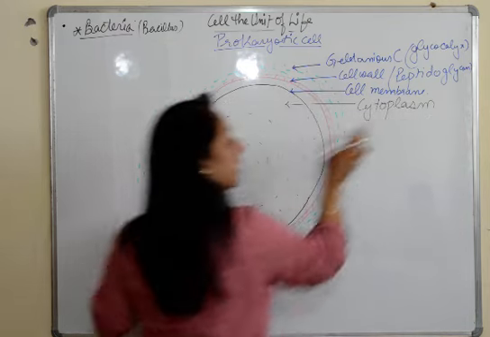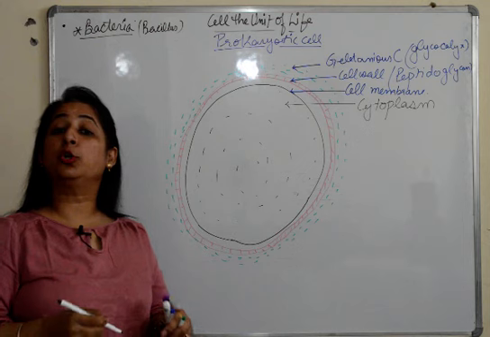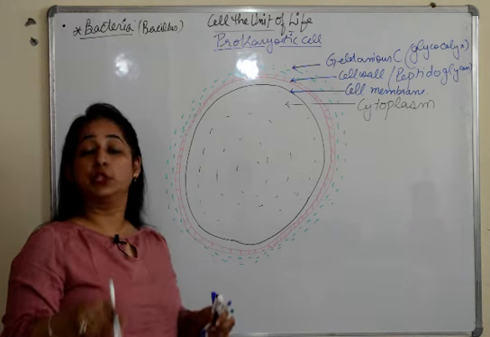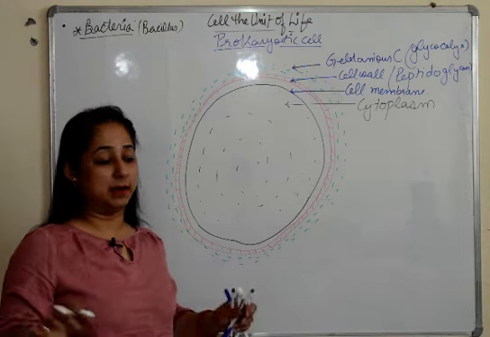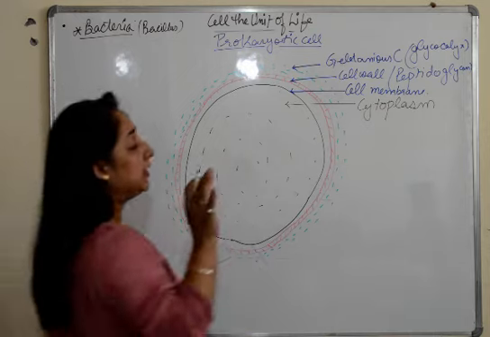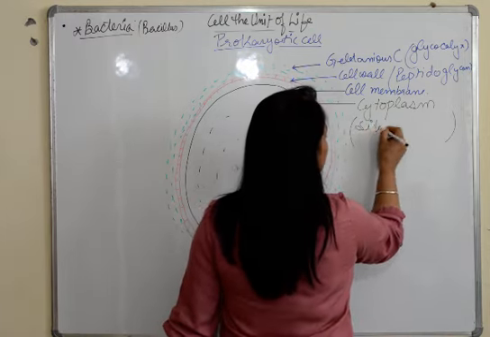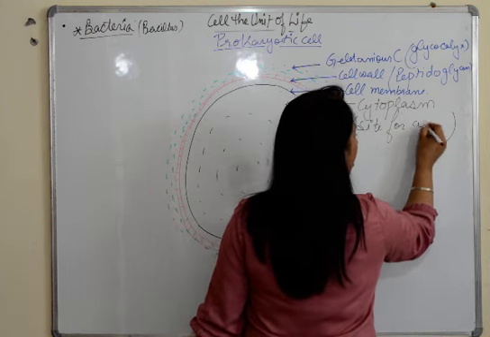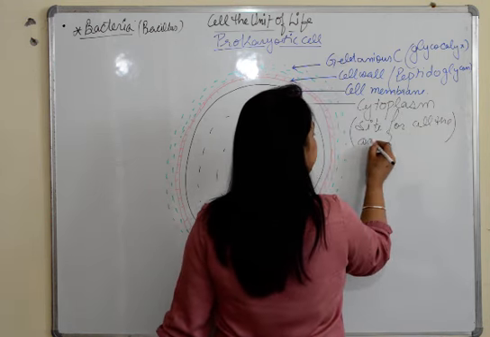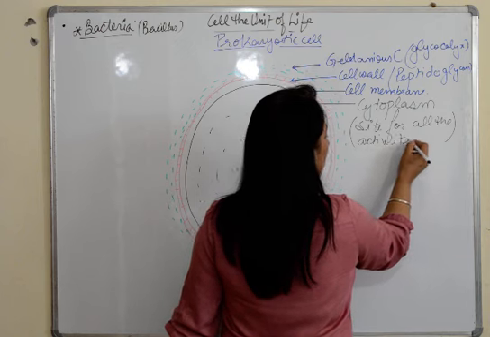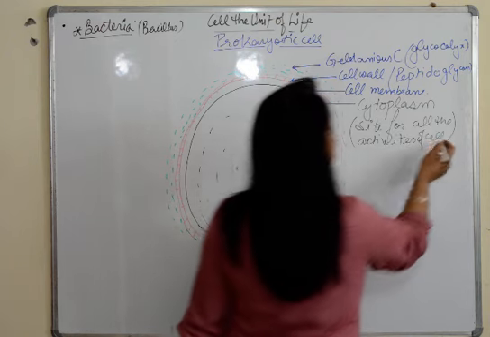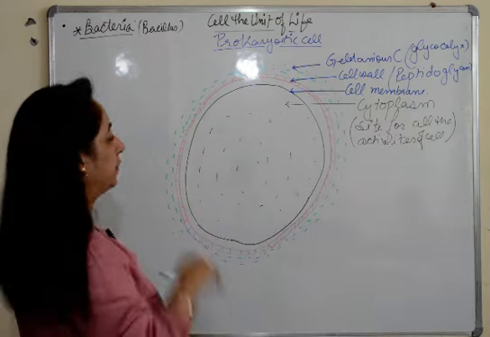Now cytoplasm of the bacterial cells, it undergoes all the types of reactions. All the reactions are going to take place here. So it is a site of all the activities of the cell. I'll just write here, site for all the activities of the cell, or you can say all the enzymatic activities of the cell.